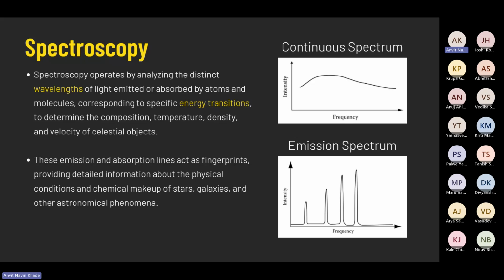These emission and absorption lines serve as distinctive signatures indicative of physical conditions and chemical compositions of stars, galaxies, and other astronomical phenomena. So you can have a look at this page for a while, and here are two graphs indicating a continuous spectrum and emission spectrum.